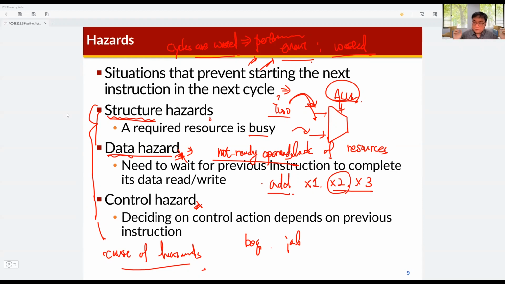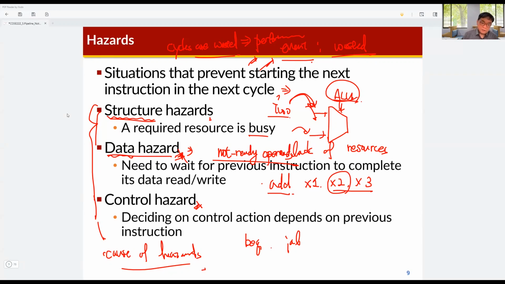Because of these data dependencies, if the data is not ready inside the processor, then the next instruction needs to wait until the required operands are ready in the processor.